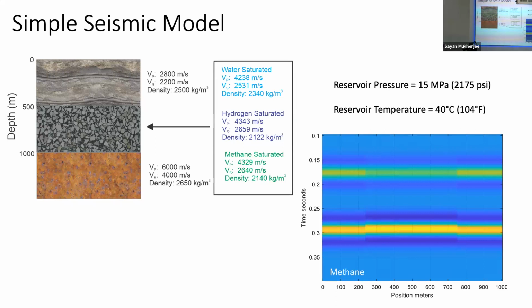And if I compare that to hydrogen, between those two, really, I can't detect, say, pure methane from pure hydrogen, unfortunately. I haven't done any AVO, but I don't think the story's going to change. The water velocity is the lowest.